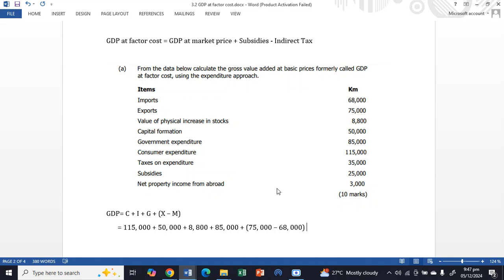That should be 75,000 minus 68,000. That is 7,000. So we add all of these numbers.